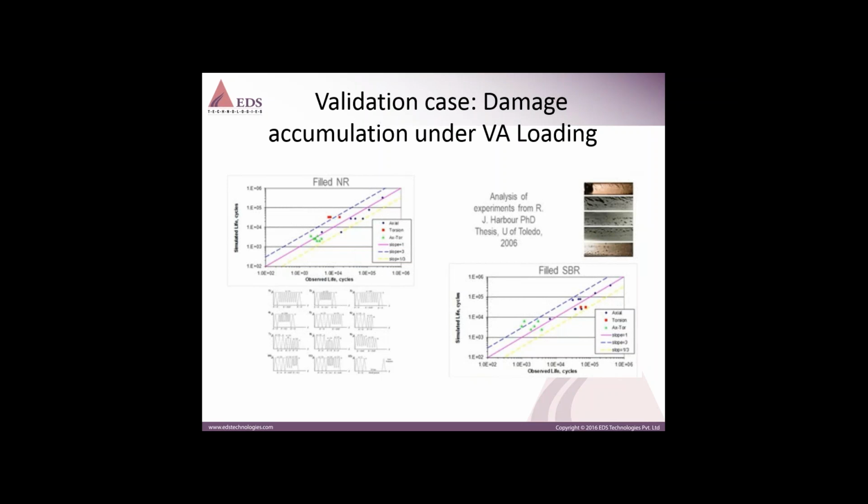The loading includes cycles with varied amplitude and varied mean, and different combinations of loading were also considered, like axial or torsion, and a combination of the two. You can see from the plots that the experiment was done in two different materials, mainly filled natural rubber and filled SBR. And FSF rubber is again in good correlation with the lab results.